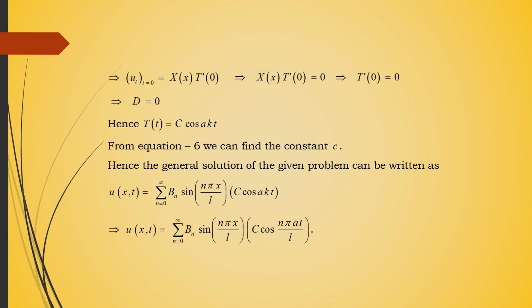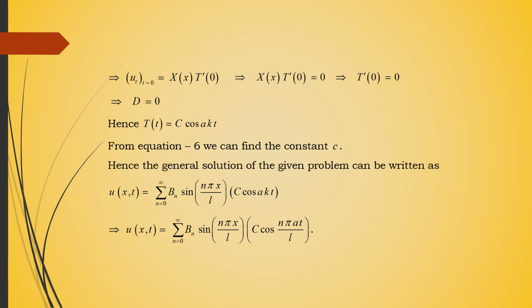Actually, T(t) = C cos(akt) + D sin(akt). Then T'(t) = (−C sin(akt) + D cos(akt)) times ak.